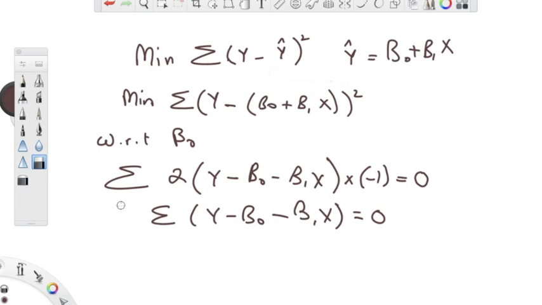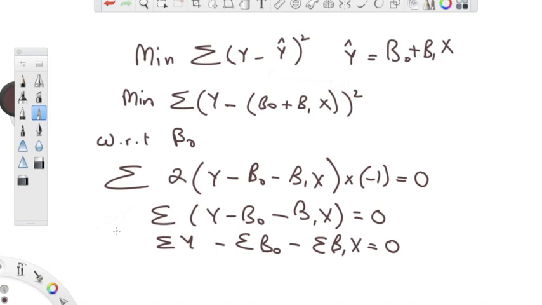So I'm just removing it, and now you can just multiply the summation sign inside the bracket, and you end up with sigma y minus sigma beta naught minus sigma beta 1 x is equal to 0.